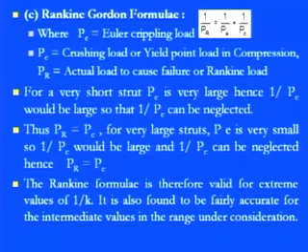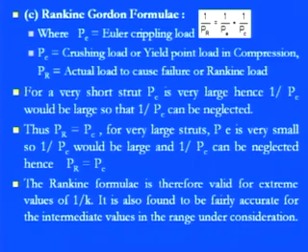But as far as very small struts are concerned, we need to focus on this particular PC part, and 1 by PE would be an important consideration in these cases. So whether it is the large strut or the short strut, the crushing load or the Euler load is responsible, and they have to be calculated in the actual load which is causing the failure in the strut.